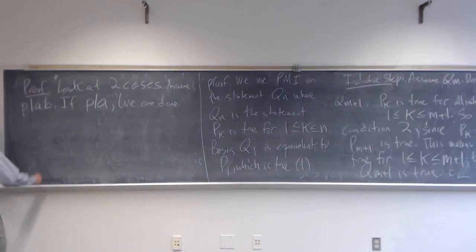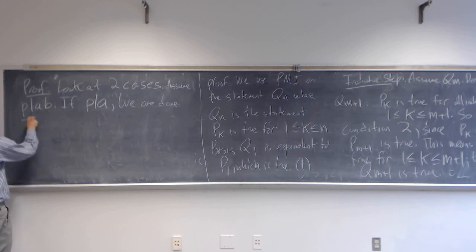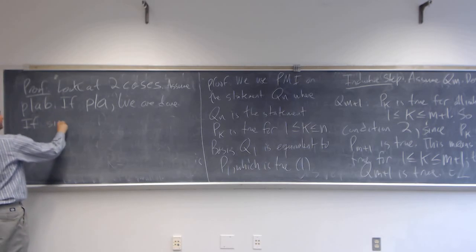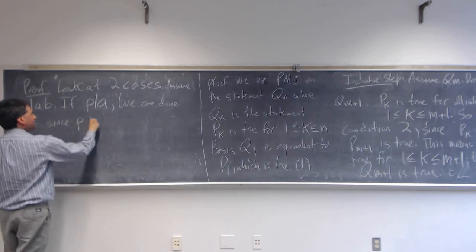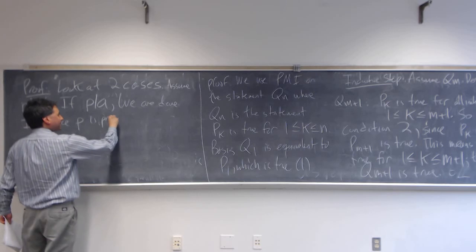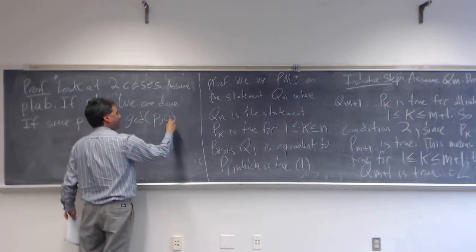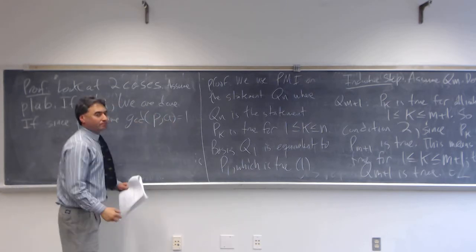If not, what? If not, since P is prime, the greatest common divisor of P and A is 1.